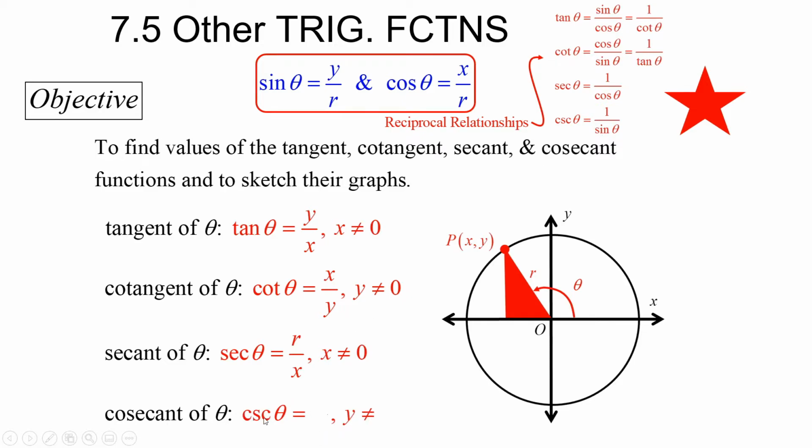Sine of theta, again, is y over r, so cosecant would be r over y. And again, y cannot equal 0 because we cannot divide by 0. And there you go. Now we not only have an algebraic definition for sine and cosine, but we have an algebraic definition for tangent, cotangent, secant, and cosecant. And that is all 6 of our trig functions right there.